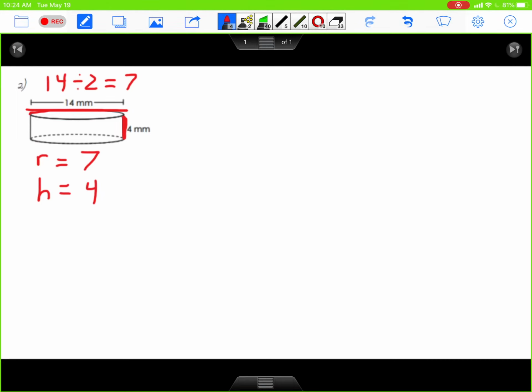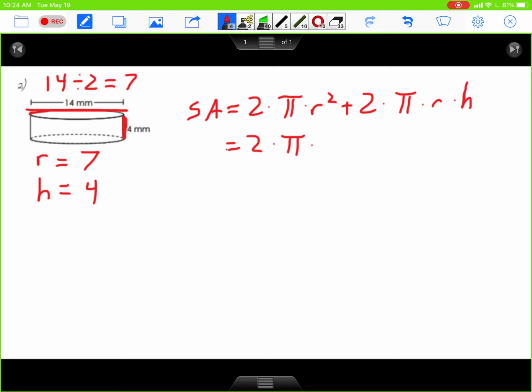Moving on to the solving part now. Surface area equals 2 times pi times r squared plus 2 times pi times r times h. Substitute in 2 times pi times 7 squared, because 7 is my radius, plus 2 times pi times 7 times 4, because 4 is my height.